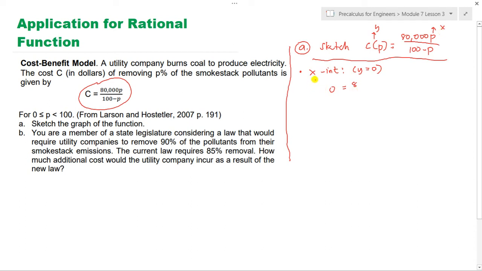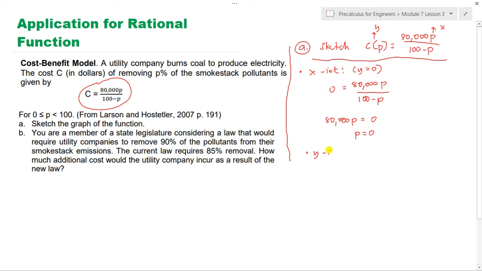So manang ako lang gitawag siya nga x-intercept, or you can also have p-intercept. So since naana doon mo sa mga x and y, din nato lang gilet. So here we have 0 equals 80,000 P all over 100 minus P. Cross multiply, we have 80,000 P is equals to 0. So therefore P here is equals to 0. So therefore the x-intercept is 0.